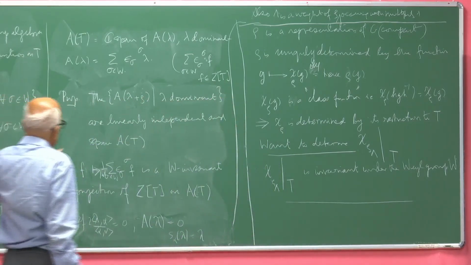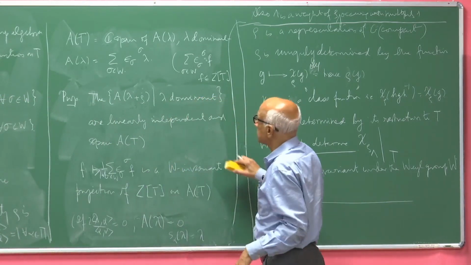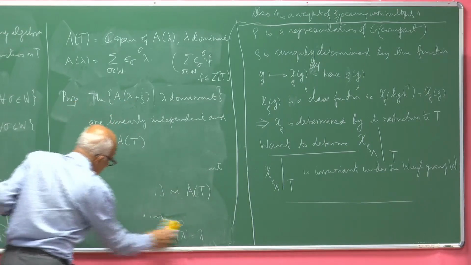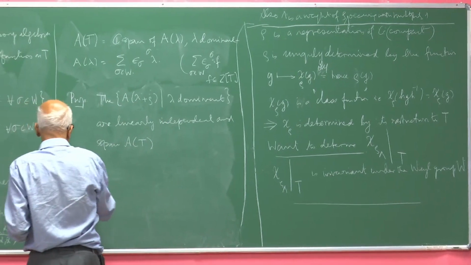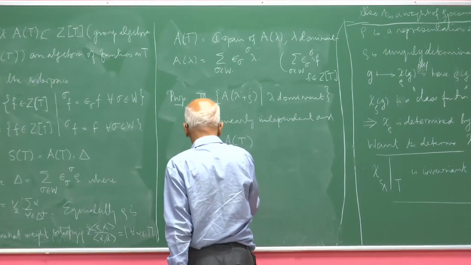Okay, that is one proposition, and this second proposition which I wanted, which I essentially proved last time, but this proposition I probably haven't proved, but it goes like this.